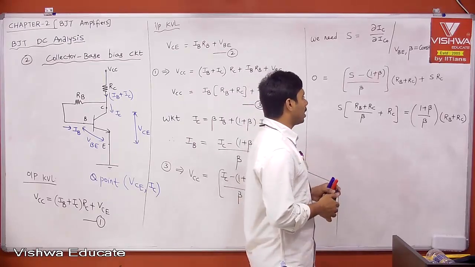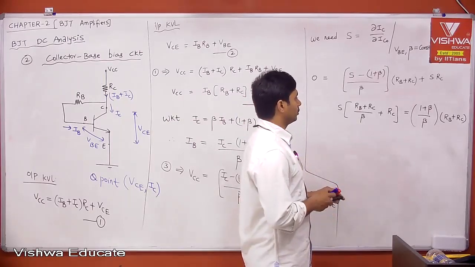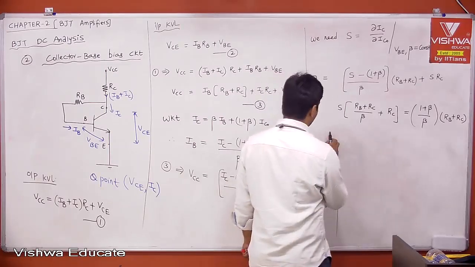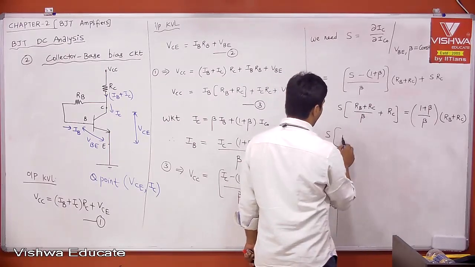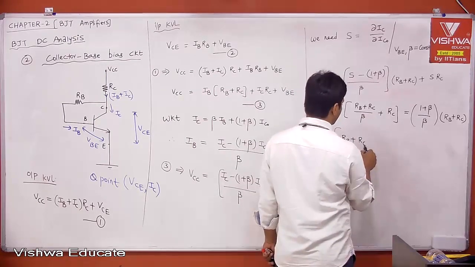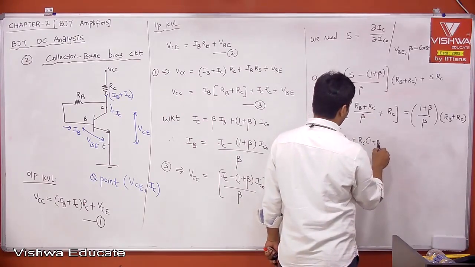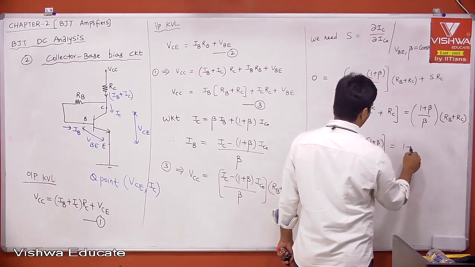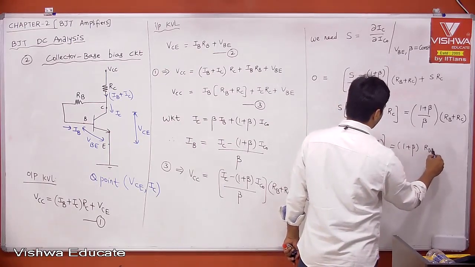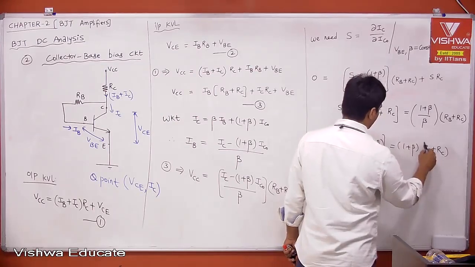Then you need to calculate S. Therefore, if you take LCM, beta will be cancelled, then S will be RB plus, if you take RC common here, you will get RC into 1 plus beta, equal to 1 plus beta into RB plus RC.